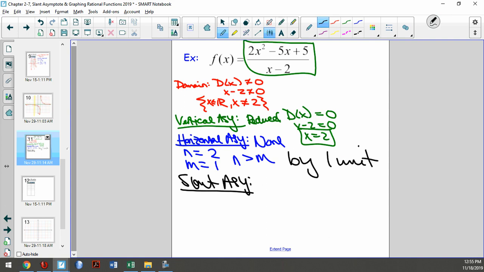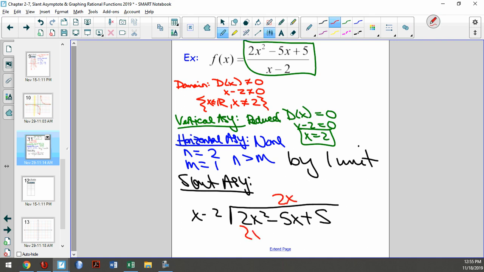So since it is greater by 1 unit, I have to do long division, correct? So I'm going to put the x minus 2 on the outside, and I'm going to put 2x squared minus 5x plus 5 on the inside. What do I multiply x by to get a 2x squared? A 2x. Multiply on the diagonal, that's a 2x squared minus a 4x.